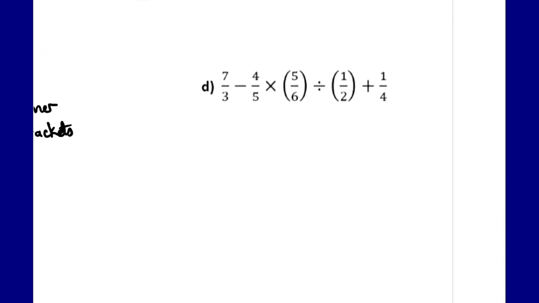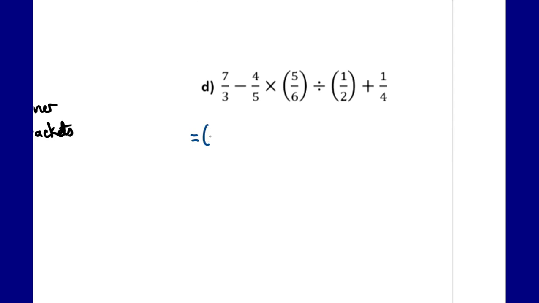For D, it looks again complicated. We're dealing with fractions. We have a lot of operations here. You could enter this into your calculator. And I'll just rewrite it in a different way that you might see it. So on your calculator, a fraction again is just division.